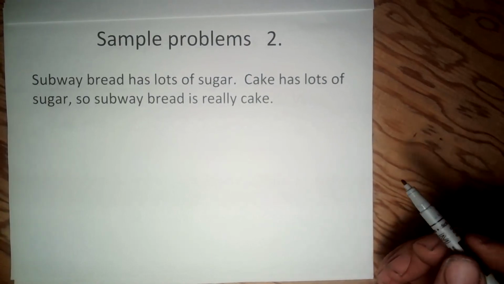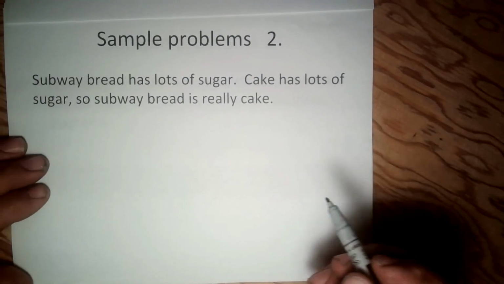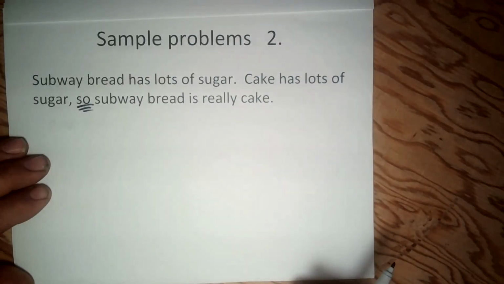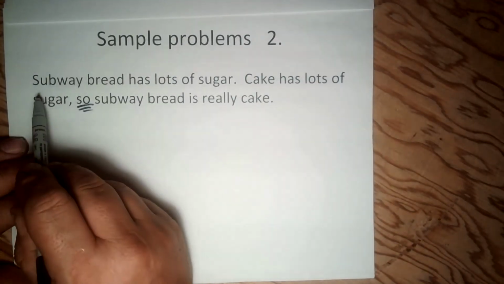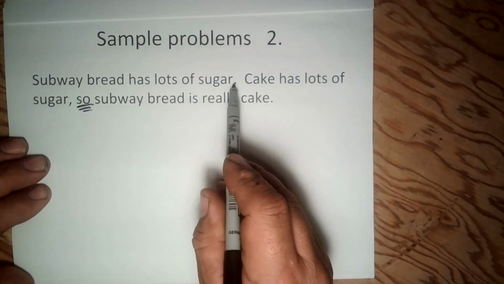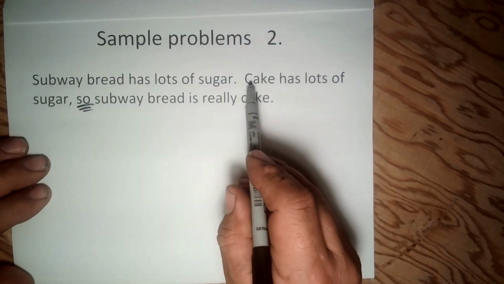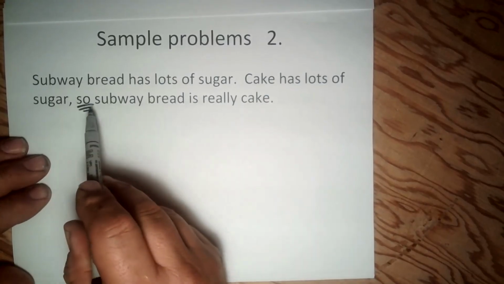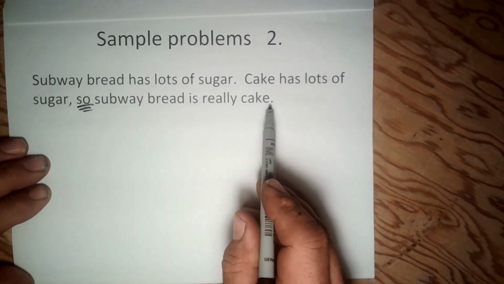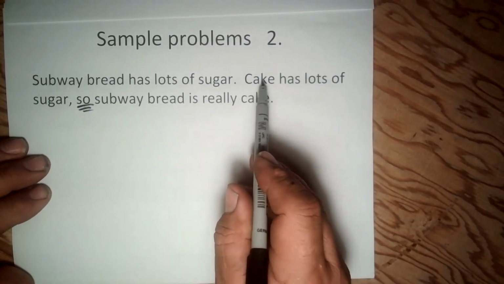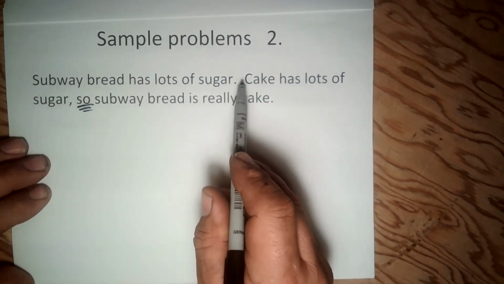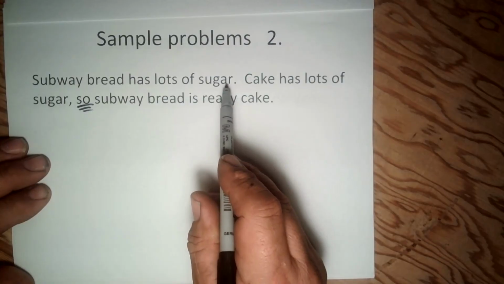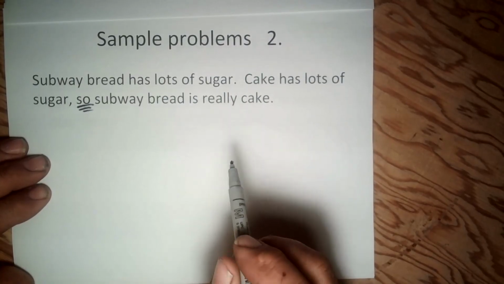So first of all, what's the conclusion? Subway bread, the word so helps us find the conclusion. Notice in this case we have a premise as a separate sentence. Then the second premise is the first phrase in a complex sentence, the conclusion of which is the second phrase. So notice a different grammatical structure than the previous example has the same logical structure.